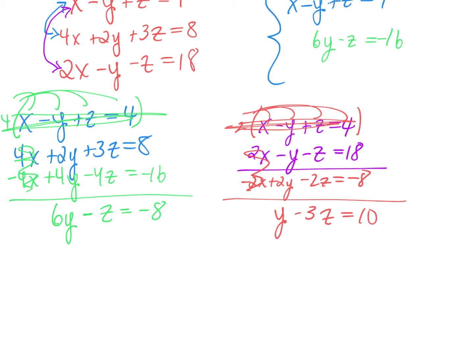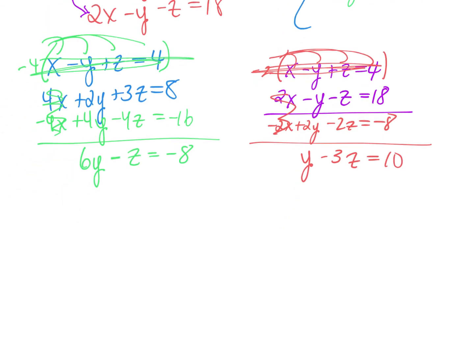All right, what did we say we want our last equation to say? z equals. Does either equation have just z equals in it? No, that means we have to take these two and eliminate our y's. Does not matter which one you write on top. I'm just going to say y minus 3z equals 10. 6y minus z equals -8.